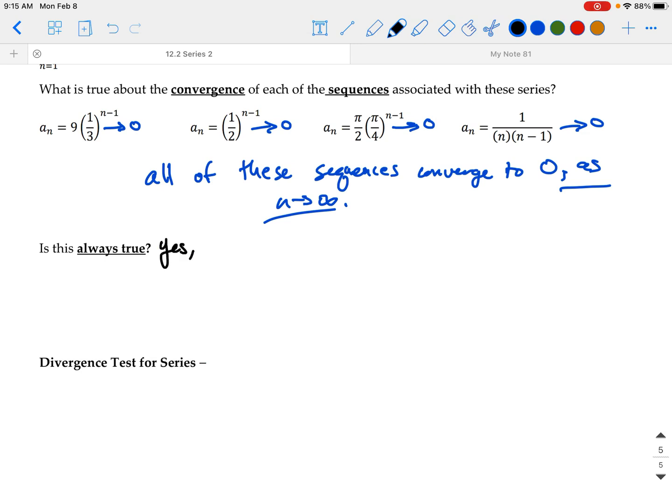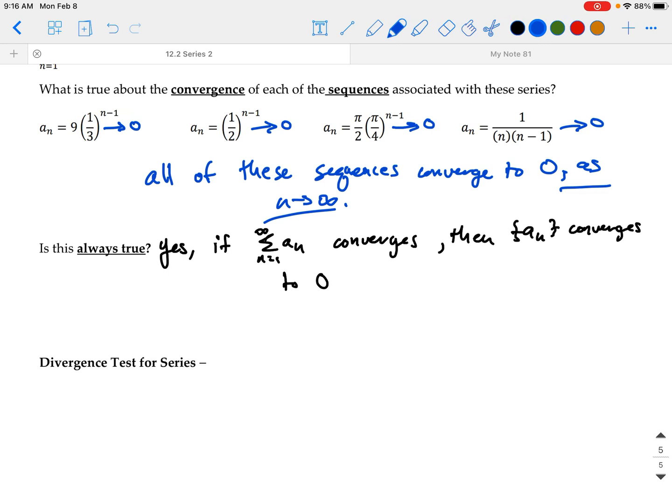And the answer is yes. If the series converges, then a sub n goes to 0, or a sub n converges to 0.